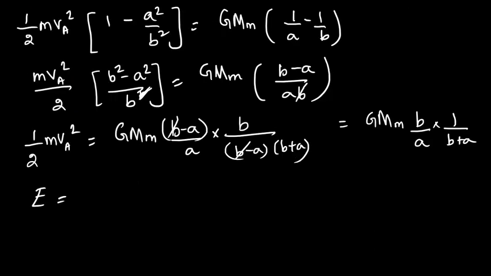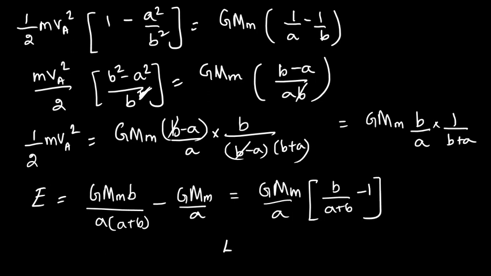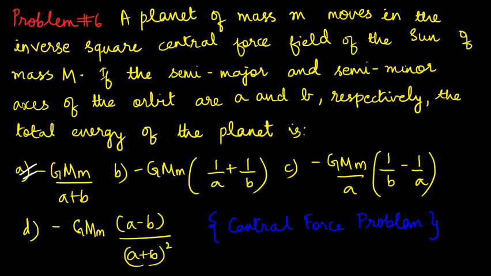So my total energy will be, so on simplifying this, you're going to get the total energy as E is equal to minus GMm by a plus b. So which is option A.